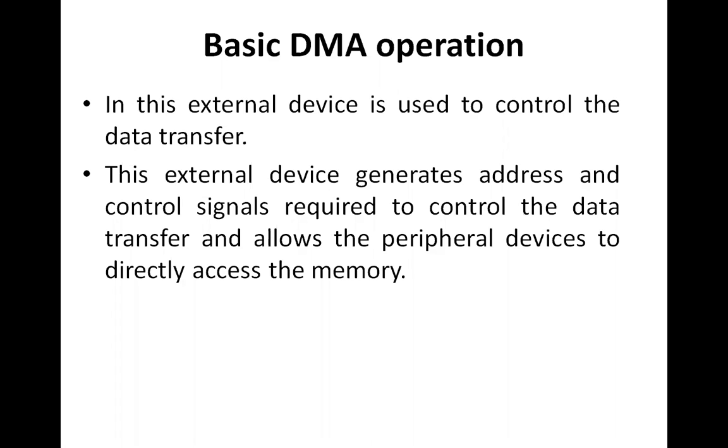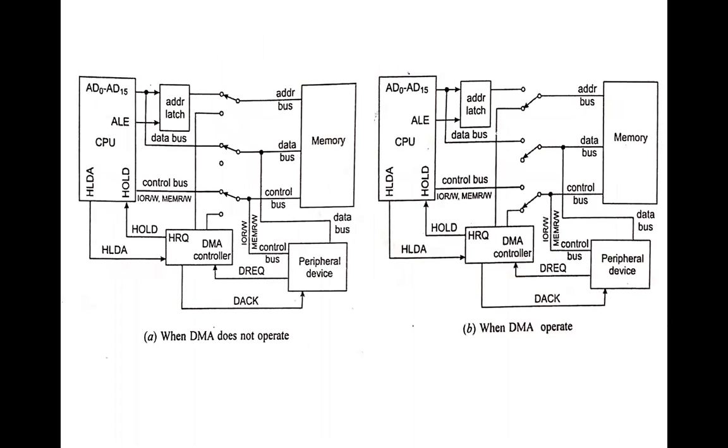Now, the basic DMA operations. The basic DMA operation has been shown in this particular figure. This figure illustrates how the DMA transfer takes place, because we know that in the DMA data transfer technique, an external device is required, and this external device is used to control the data transfer operation.